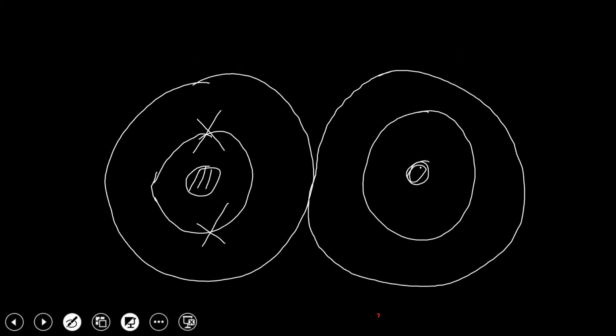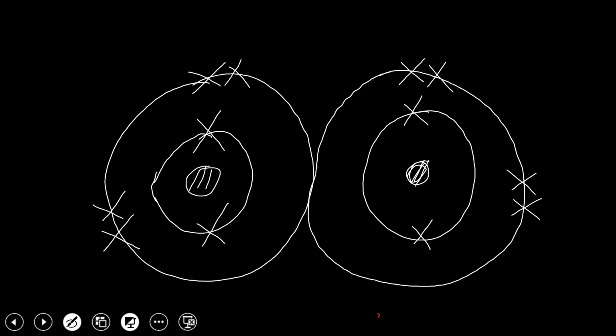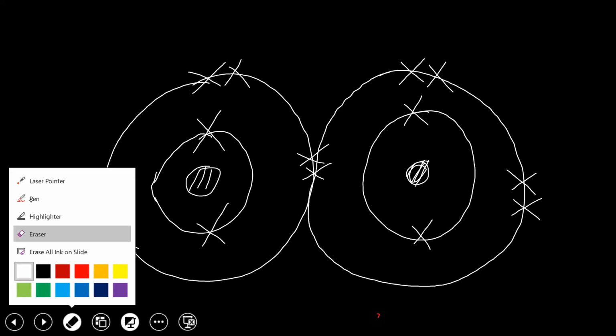So this is the nucleus, and this one also has 2. Previously this one had 6, and this one also had 6. Those 2 electrons were on this shell to make the 6. Also this one brings the other 2 electrons. Let me use another color.